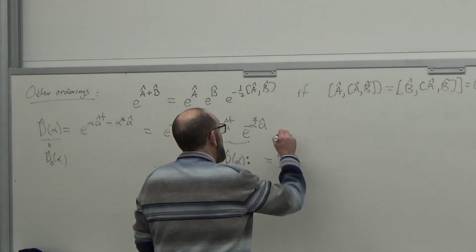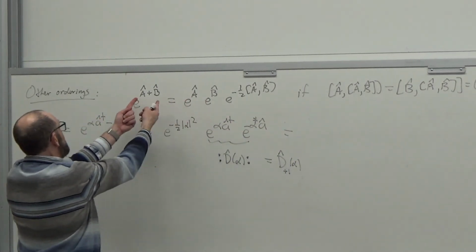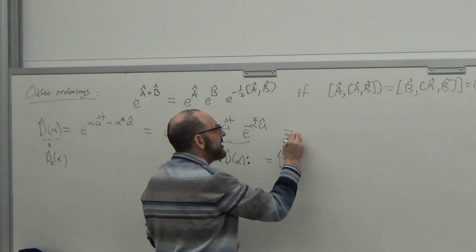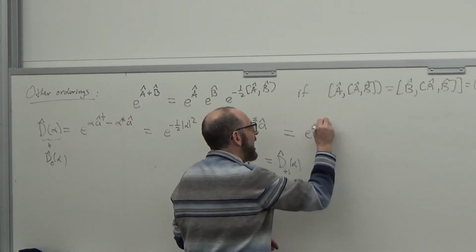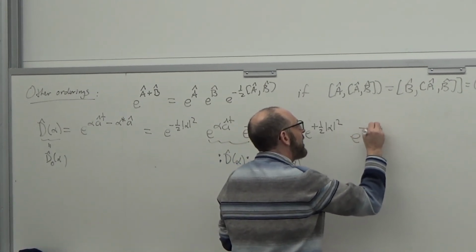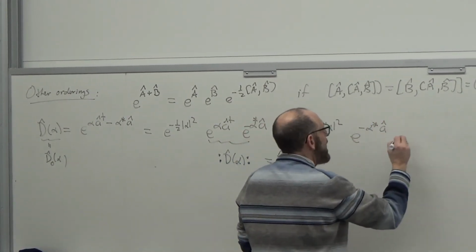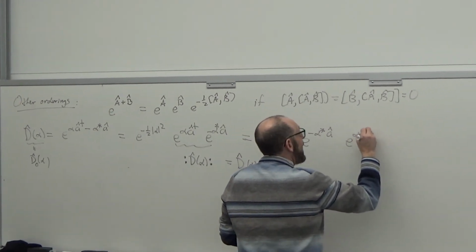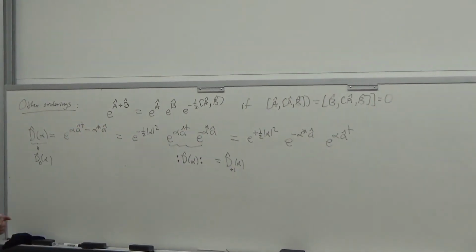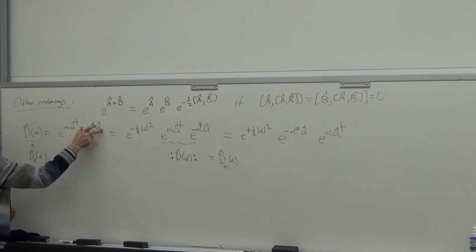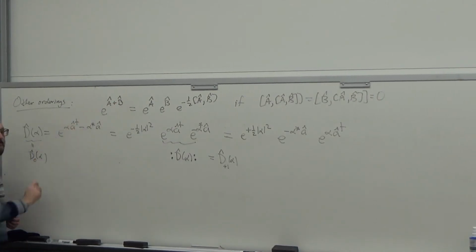Of course, if I chose this to be A and that to be B, I would have gotten the following: e to the plus 1/2 alpha squared, e to the minus alpha star a, e to the alpha a dagger. That comes from just doing Baker-Campbell-Hausdorff again, but calling this thing A and this thing B, and commuting in the other order.